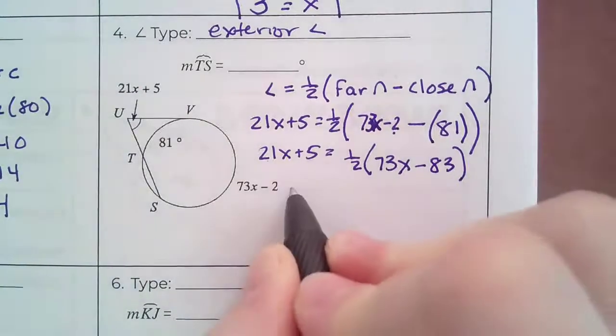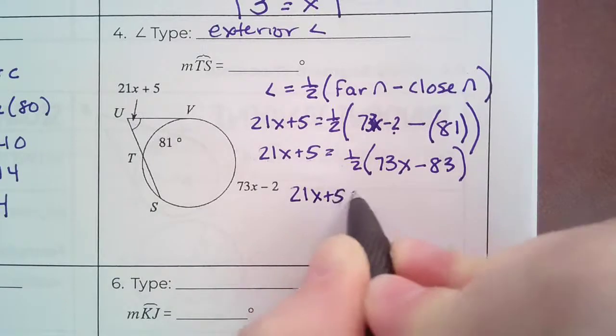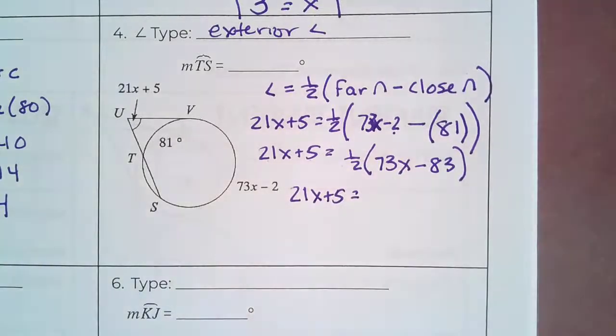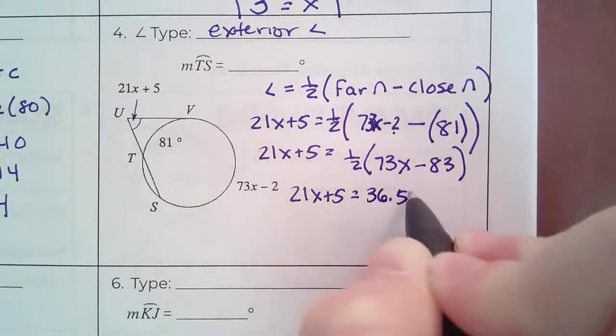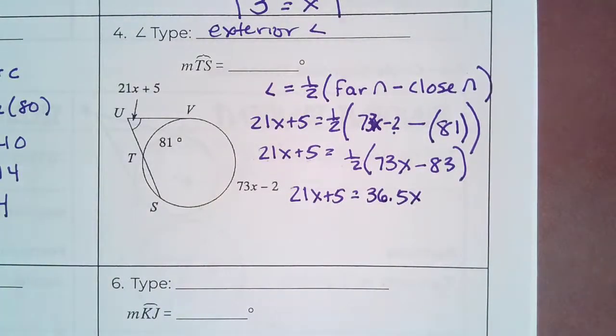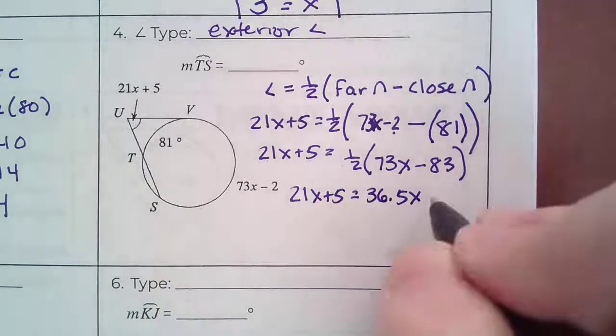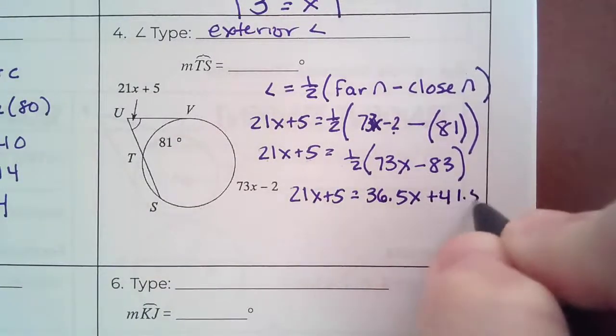So 21x plus 5 equals 73 times 1/2 is 36.5x. 83 times 1/2 is 41.5.